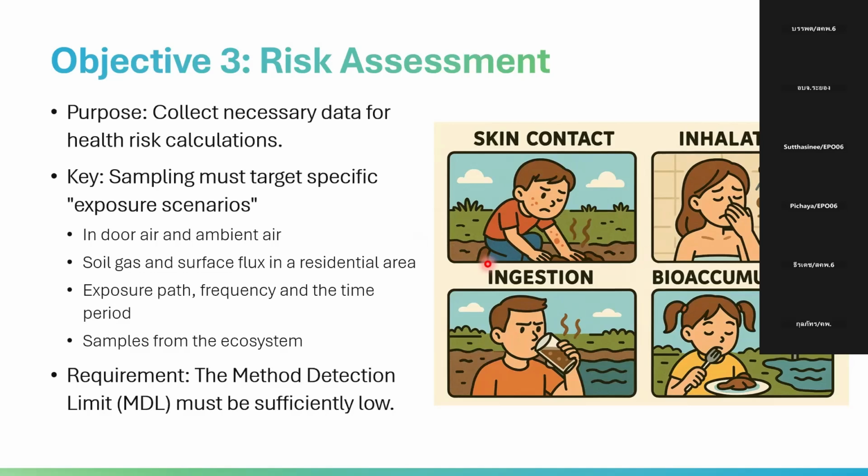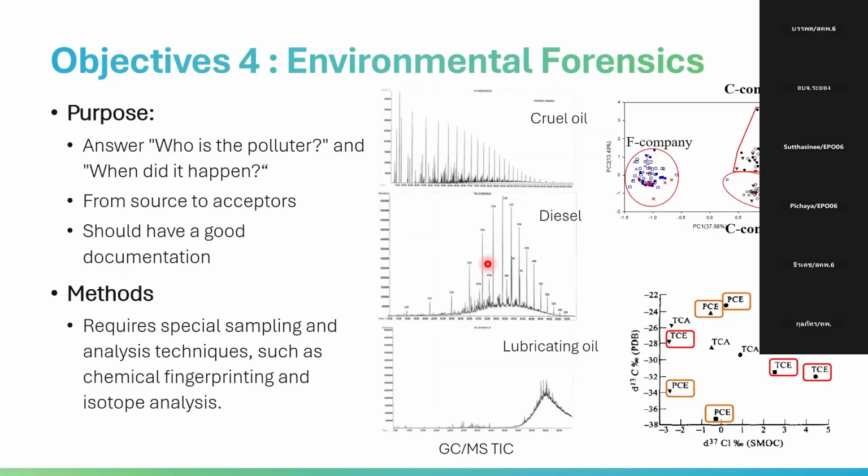And sometimes if you want to do environmental forensics, you should select the proper analytical method and apply it. For example, if you want to identify which oil contaminant it is, you can use GC-FID or GC-MS, and see the spectrum from different oils, and try to figure out what the major oil is.